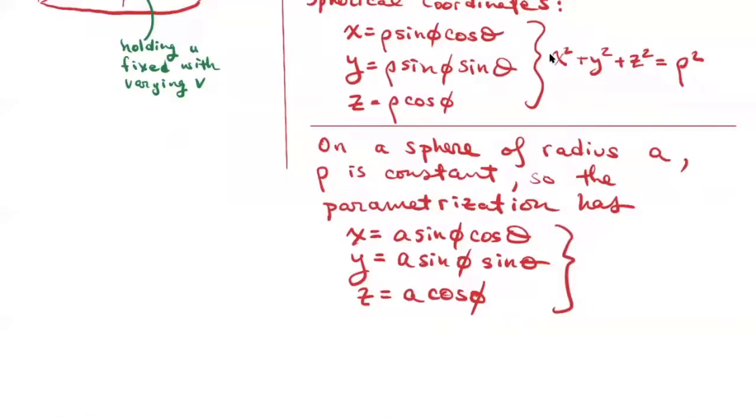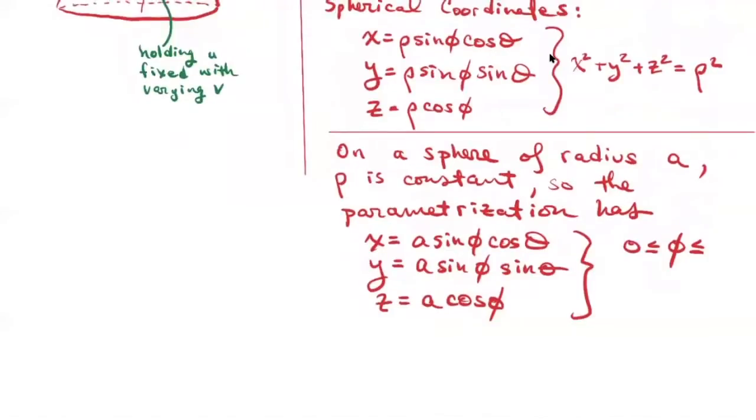You would need phi to go from 0 to what? Let's see if I can get the chat going here. What would be the limits for phi, guys?